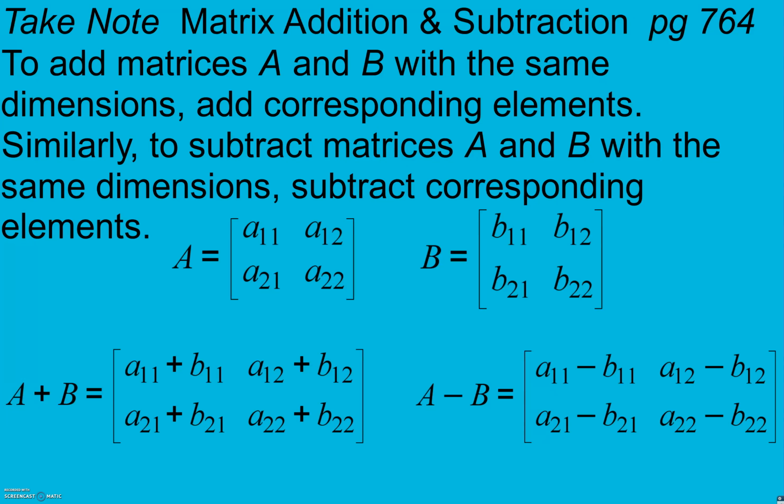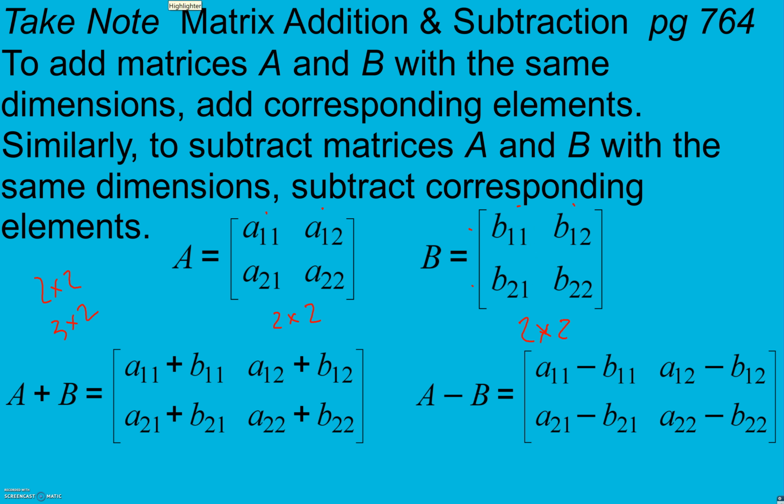What they mean by same dimensions is if we have 2 rows by 2 columns, a 2 by 2, or a 3 by 2, or however, they both have to be the same. Here we have 2 rows by 2 columns, and here we have 2 rows by 2 columns. So they match up.